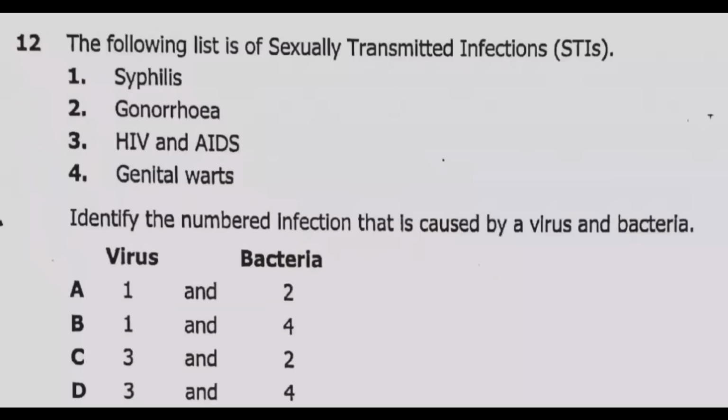The following list is of sexually transmitted infections, STIs. We have syphilis, 1, gonorrhea, 2, HIV and AIDS, 3, genital warts, 4. The question is, identify the numbered infections that are caused by viruses and bacteria.